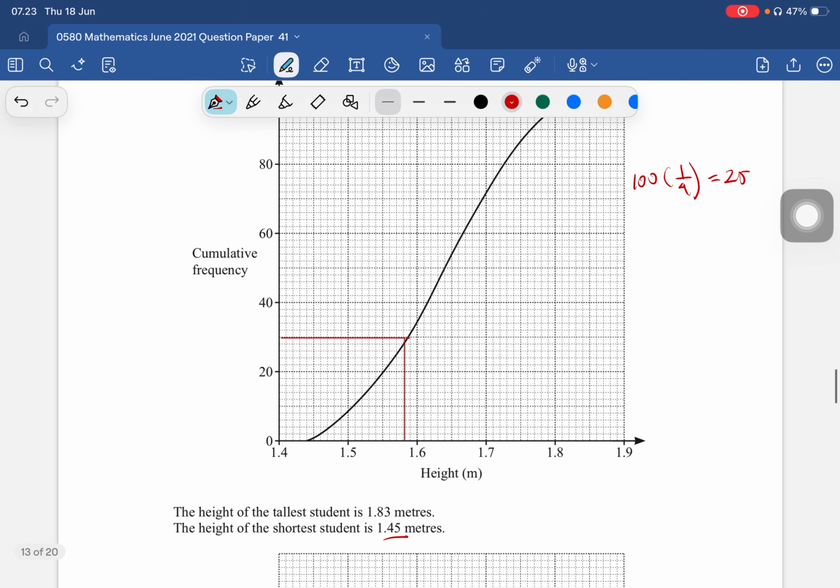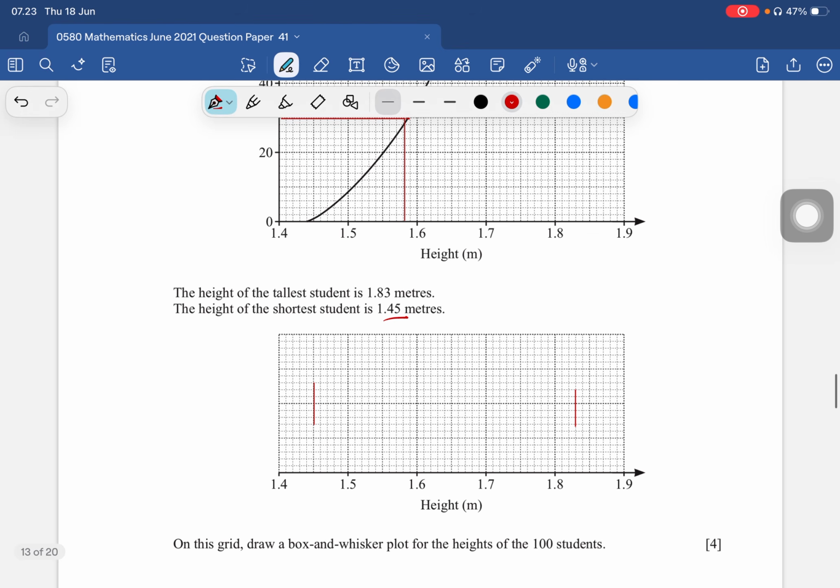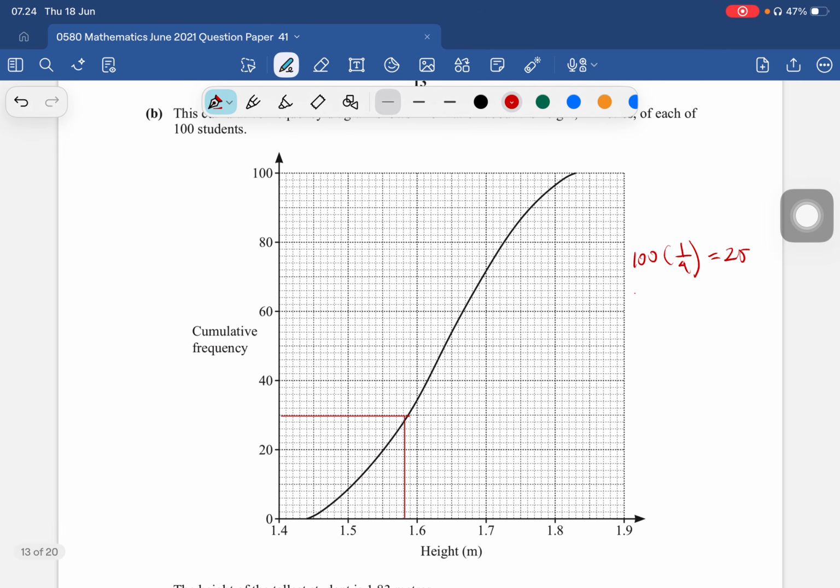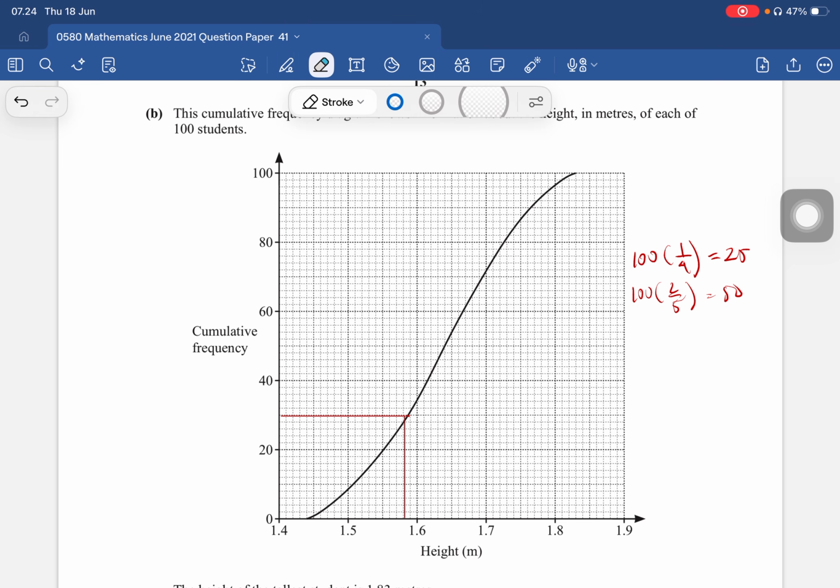Okay, this is 1.57. Then quartile 2, or the median, 100 times 1 over 2, which is 50. 50 is here.